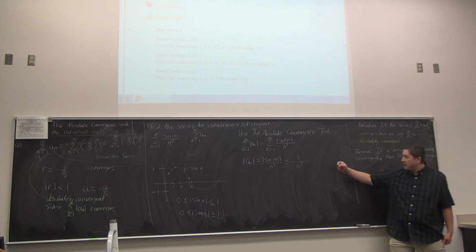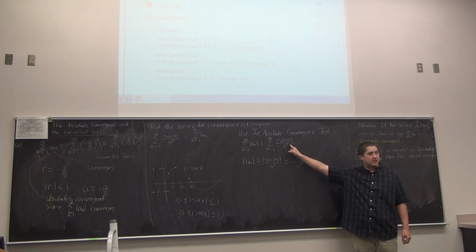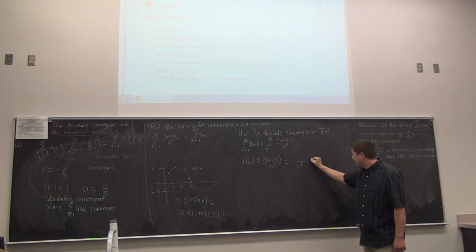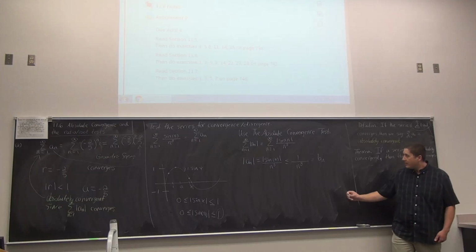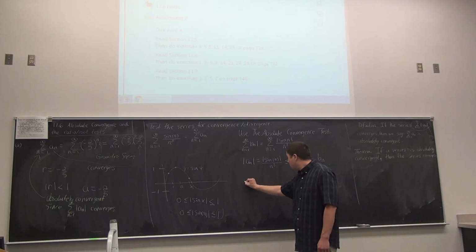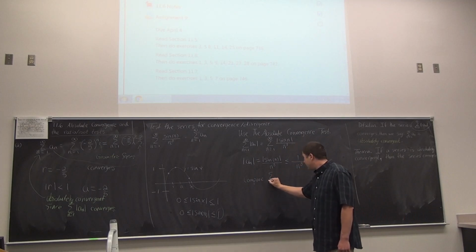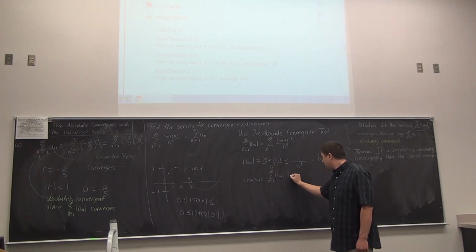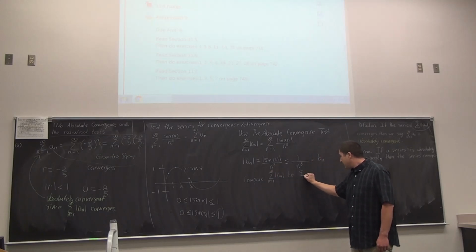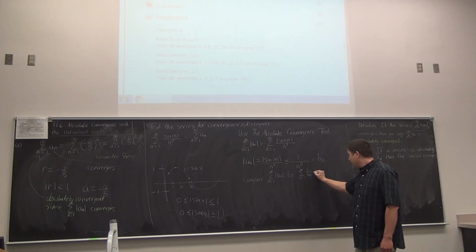Yeah, we're trying to use the comparison test, compare this to something that's just easier to work with, and that'll be a series whose nth term is 1 over n cubed. So we can now say compare the summation as n goes from 1 to infinity of the absolute value of a sub n to the summation as n goes from 1 to infinity of 1 over b sub n.